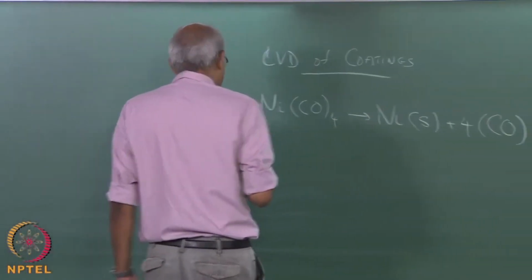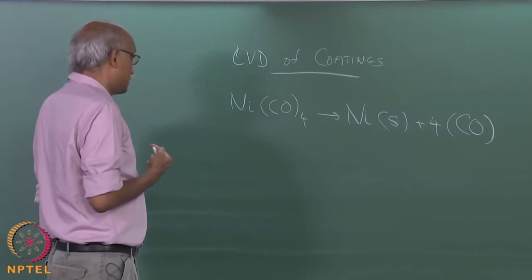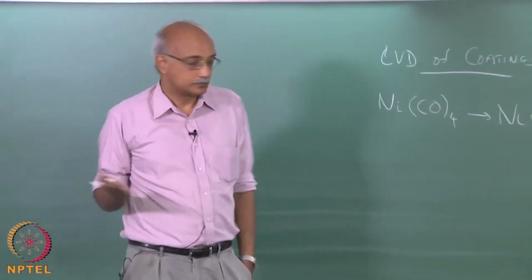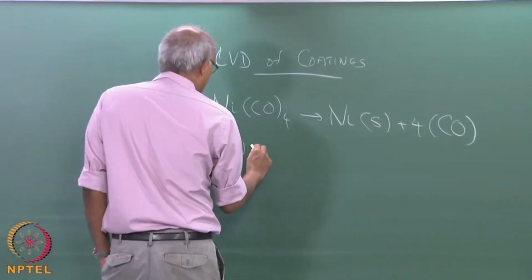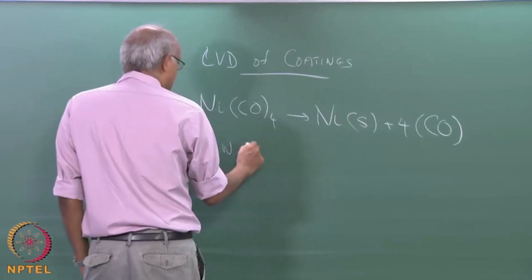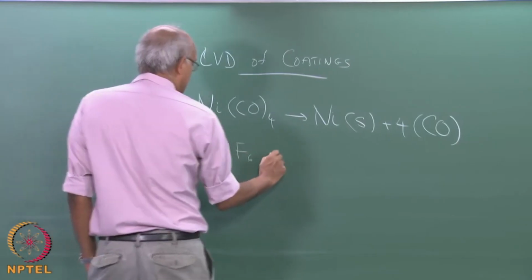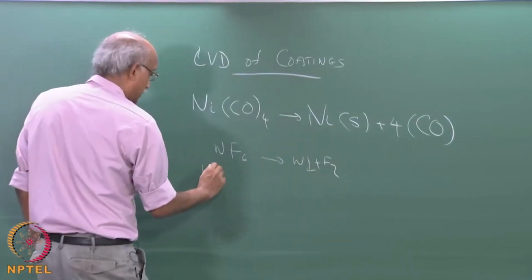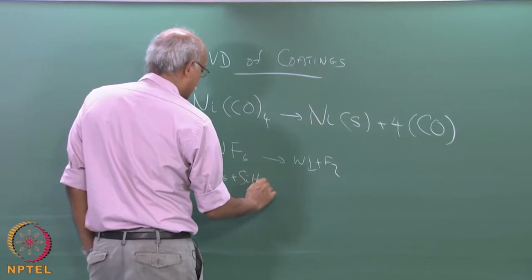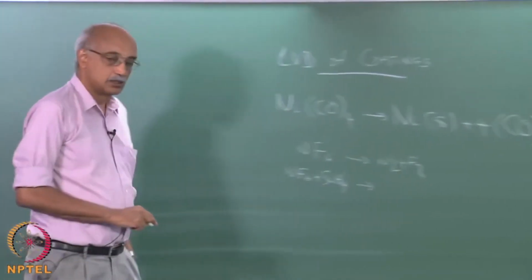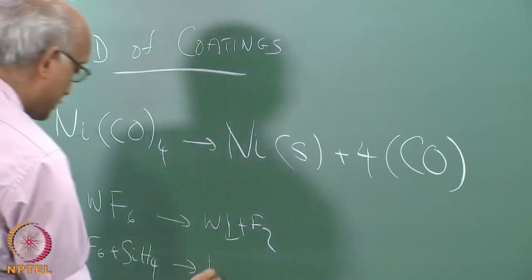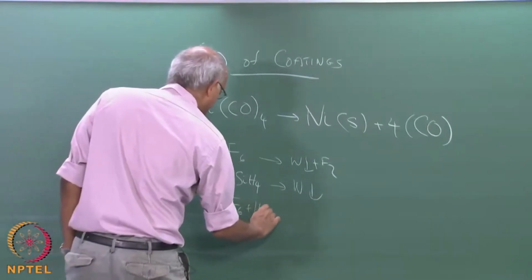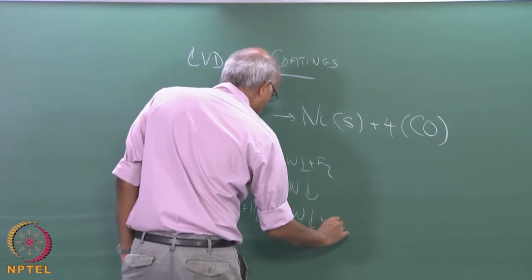Another example of such a process could be if you want to make a tungsten coating, then as we saw the other day, you can use either WF6 going to W plus F2, which is a decomposition reaction, or WF6 plus SiH4, which can also lead to a tungsten deposition, or you can also do WF6 plus H2 going to W plus HF.